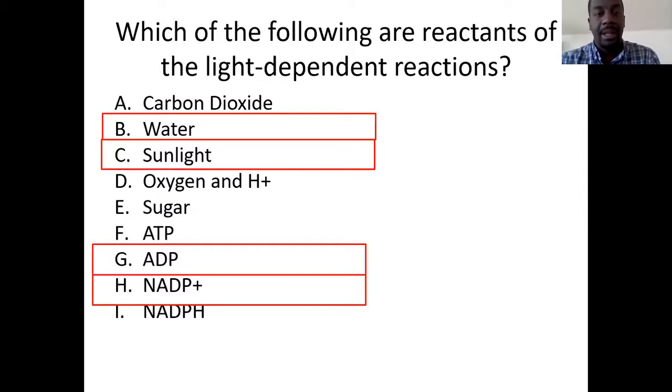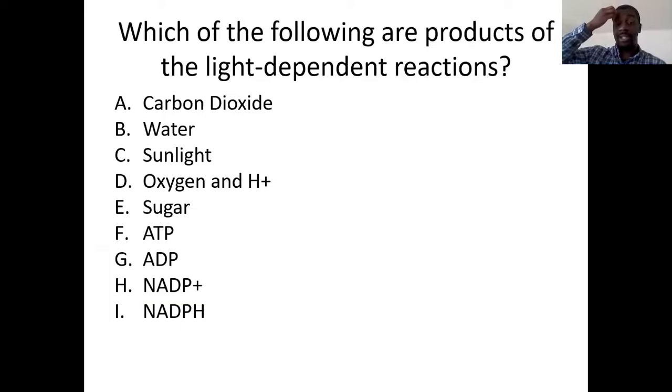Now, what are the products of the light-dependent reactions? What are we forming here? Again, there are multiple answers for this one too.